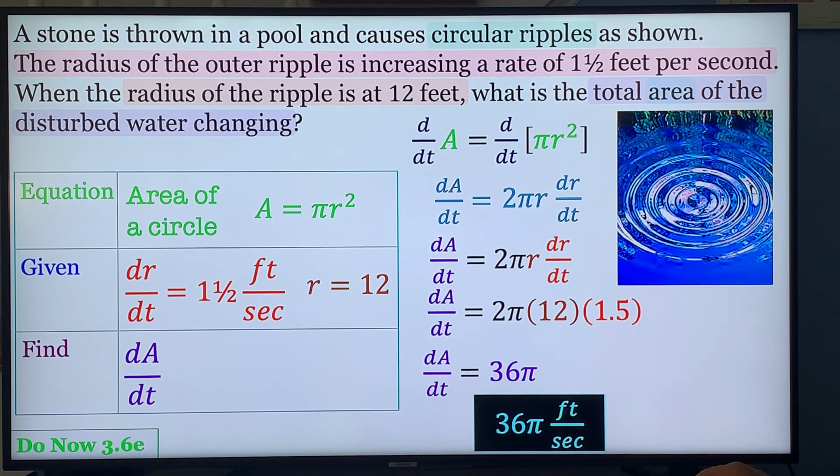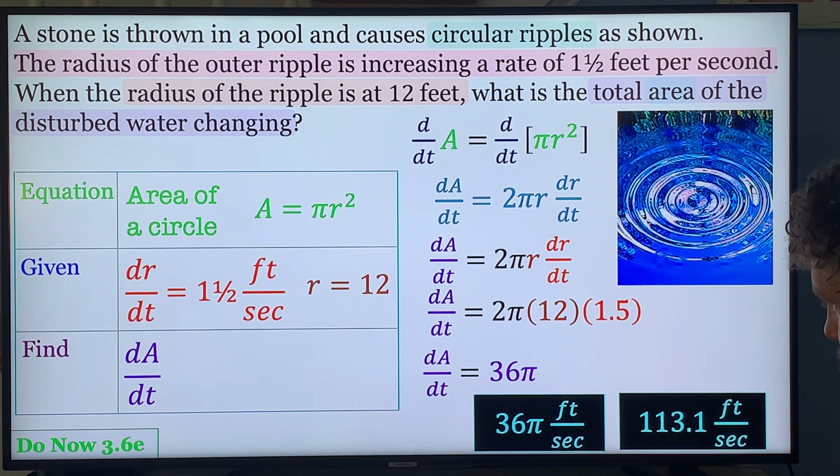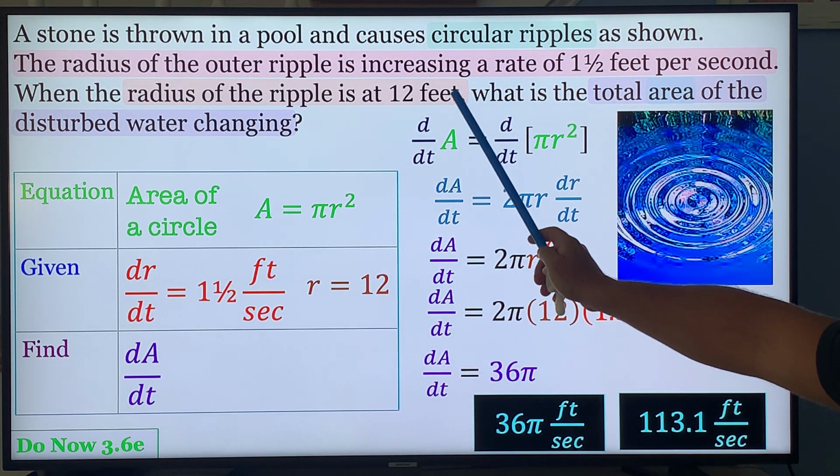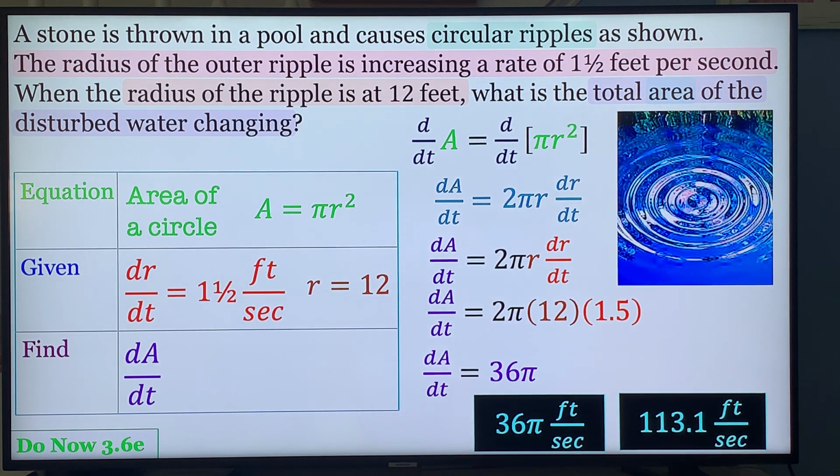All right, 36 pi feet per second, or if you want to make it a decimal, 113.1 feet per second. All right. Are we good? Awesome.